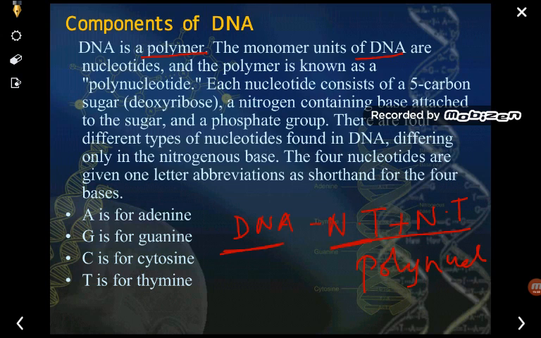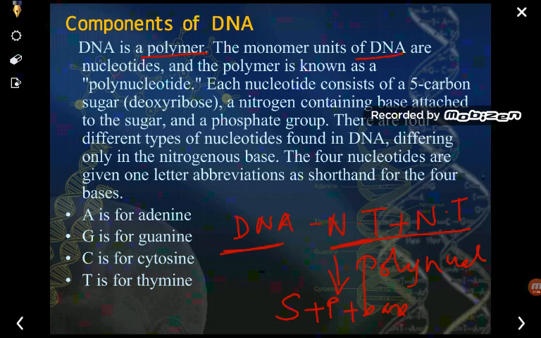Each nucleotide consists of a 5 carbon sugar, a nitrogen containing base attached to the sugar, and a phosphate group. So each nucleotide consists of sugar plus phosphate plus nitrogen base. And these are the 4 different types of nucleotides found in the DNA, differing only in the nitrogen bases.